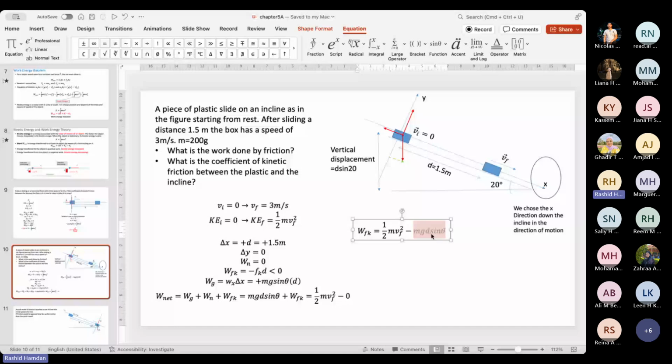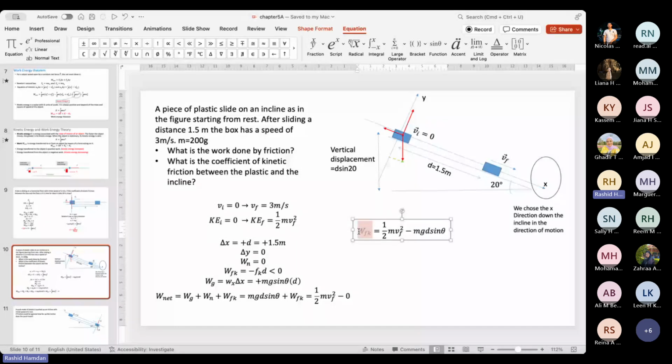Some of it is going to kinetic energy. Some of it is lost to friction. So friction is opposing our motion, so it's decreasing our kinetic energy. So there's a competition between the work done by the weight and the work done by friction. Of course, we speed up. We went from 0 to 3, so we did speed up. So we lost some energy to friction, but we didn't lose all the energy.